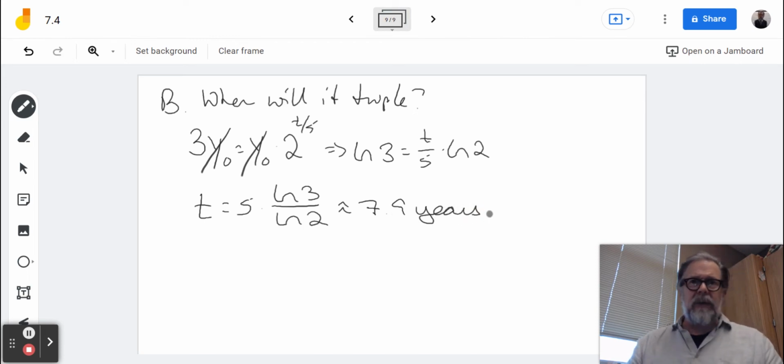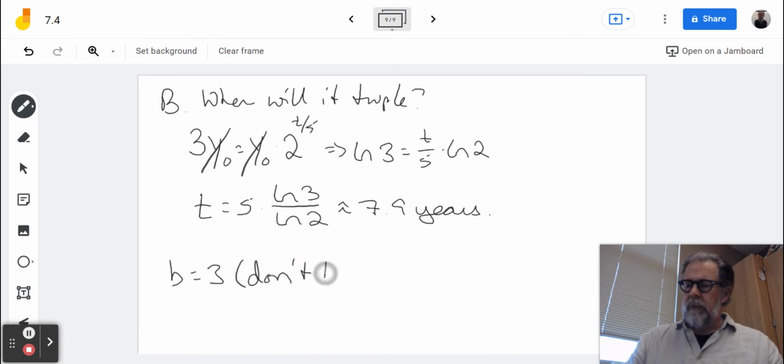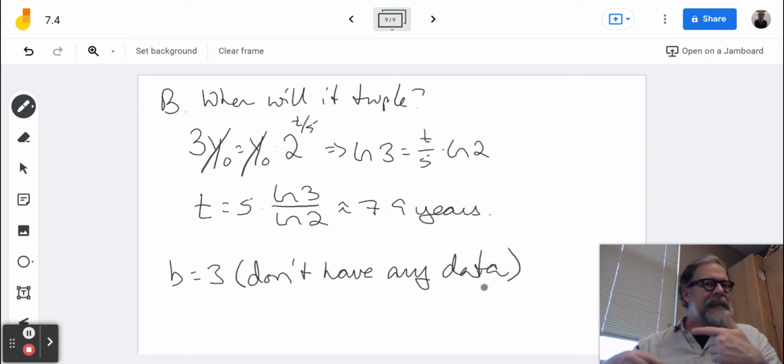Now, why would I do this instead of just making my base 3? Well, the problem with making base 3 is that I don't have any data. I don't have any data that tells me when it gets to a certain place. So what I'm actually doing is using the fact that it doubles every 5 years to now calculate some triples.